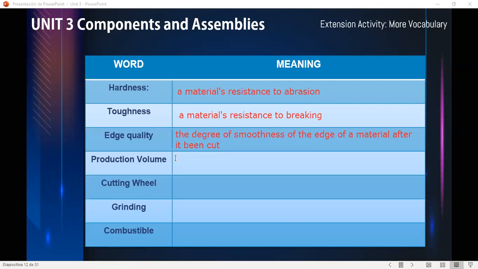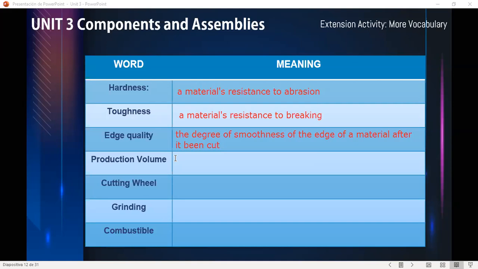I mean, that's how the edge in this case feels after you cut it. That means like the quality, not in the component specification, but just in the edge by itself.